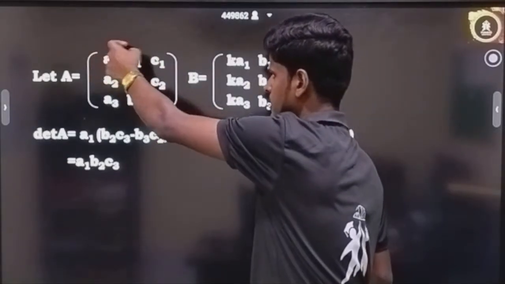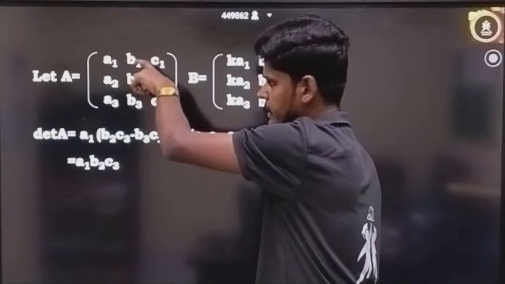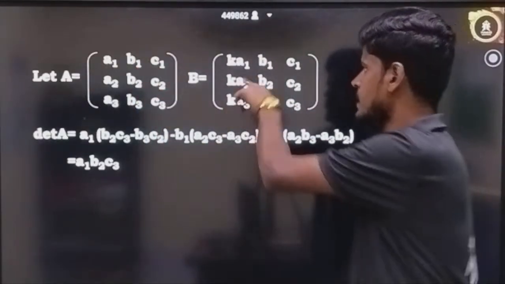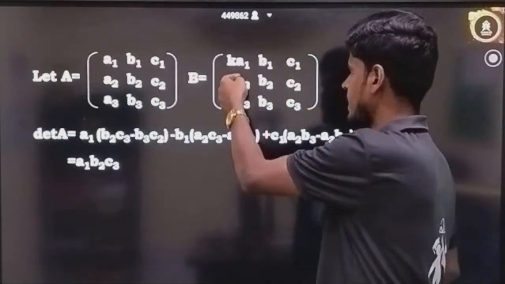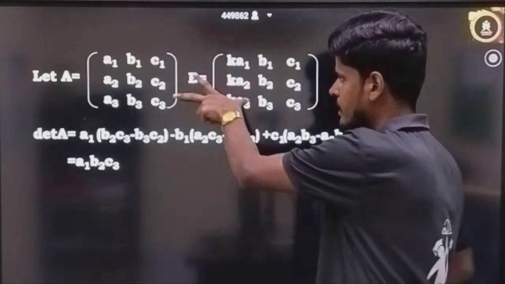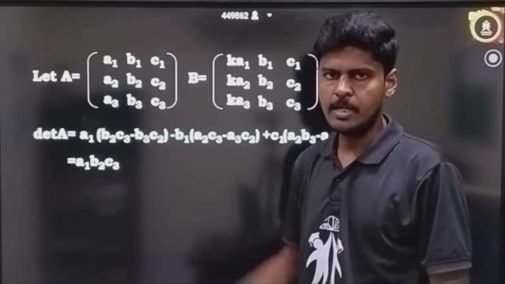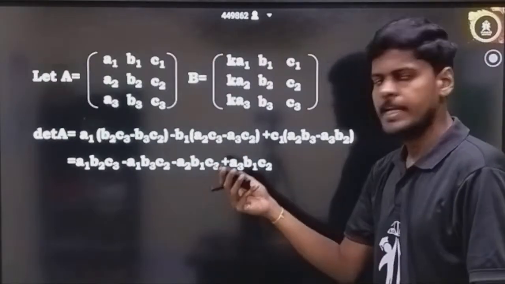So we will get A1 into the remaining terms, minus A2 into, plus A3 into, multiplying the determinants of the other submatrices. Here again we will have KA1 into the same elements, minus KA2, plus KA3. That means if you take K outside, the value of the remaining terms will be the same. So this determinant B is nothing but K times determinant A. Now we are expanding and checking.